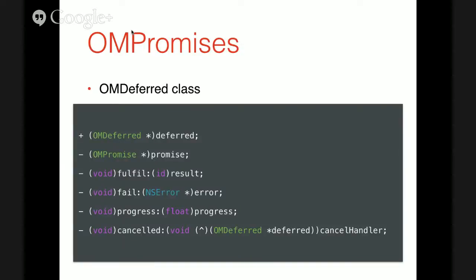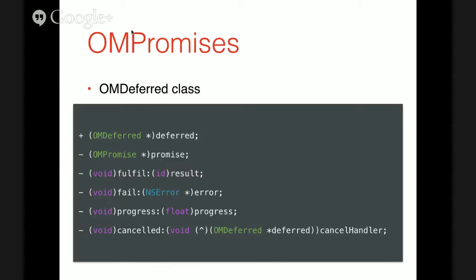So, as far as the deferred class is concerned, this class is actually very simple because the deferred has less logic than the promise class. These are actually all the methods you have on this class. Deferred, for a constructor, is promise. Here you need to remember that you get the promise from the deferred object. You'll understand this later.